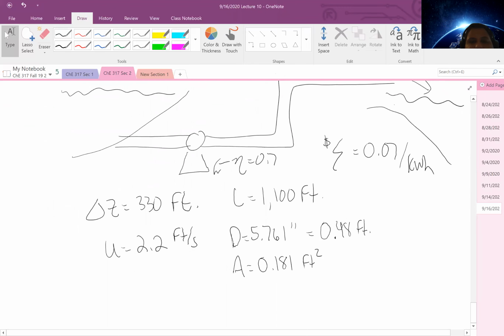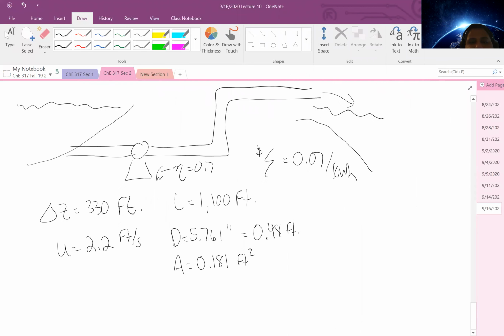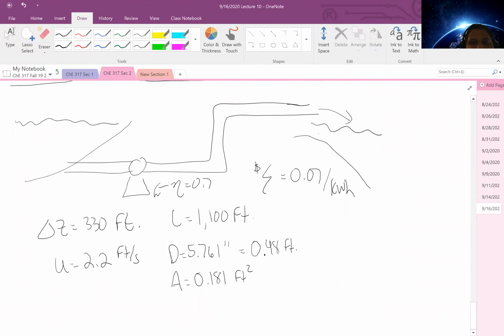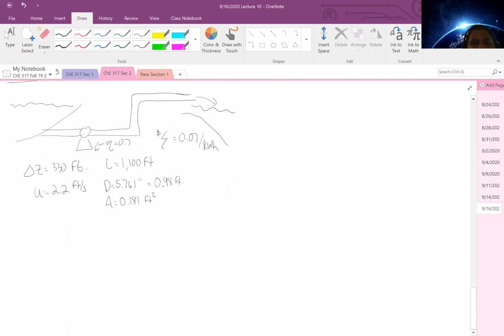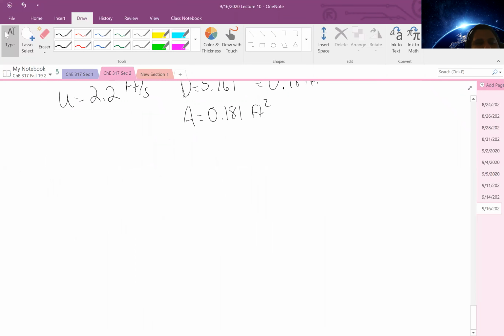So in this problem, as in all other problems, the first thing, once you have the problem written out and the variables identified, you're going to want to create your energy balance.